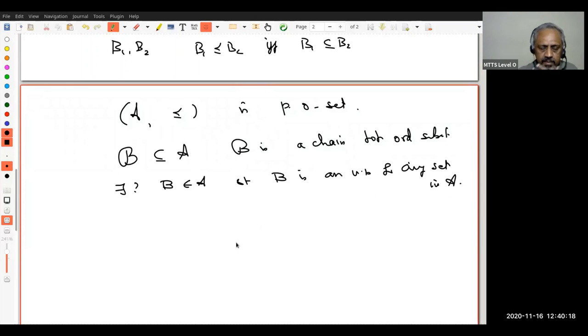Now this we had already seen in the earlier lecture. We have seen how to find an upper bound.